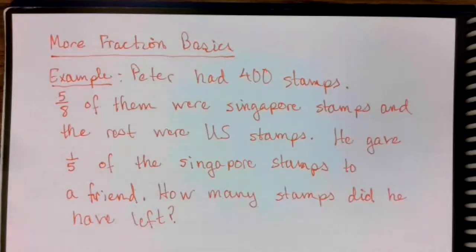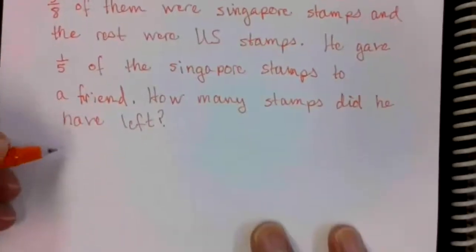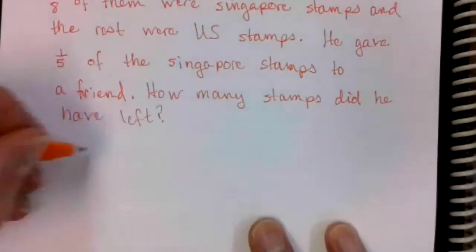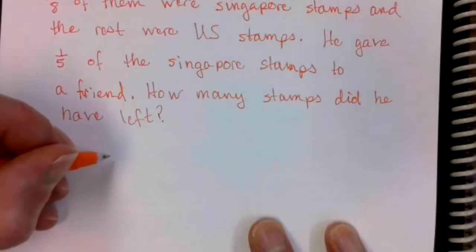But what do I need to answer before that? We should answer how many Singapore stamps he has, because we know he gave away 1/5 of those, but we can't figure out how many he gave away until we figure out how many he started with. Okay, so in our bar diagram, we should do something like this.